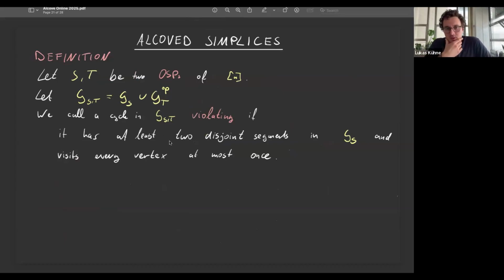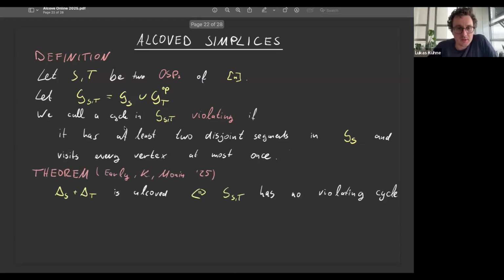And now we have a simple combinatorial criterion for when the common refinement of the normal fans is again an Alcoved normal fan, or when the sum is Alcoved. This has to do with a cycle in this graph GST. We call a cycle violating if two conditions hold: if it has at least two disjoint segments in GS, and if it visits every vertex at most once.